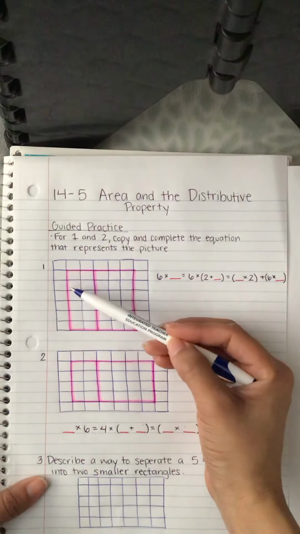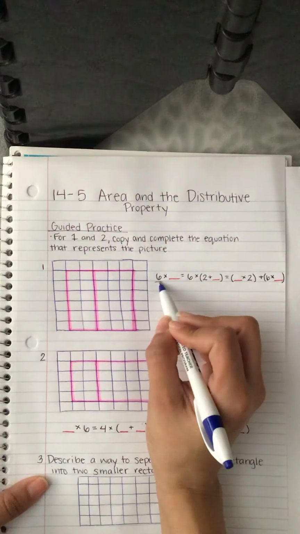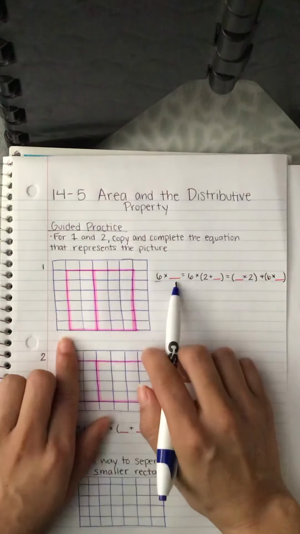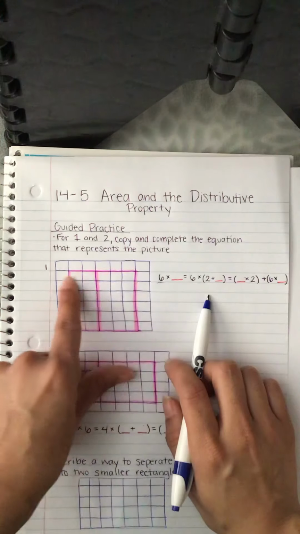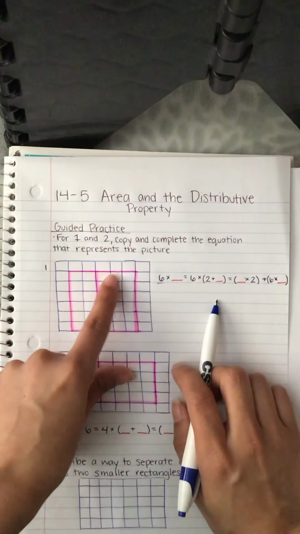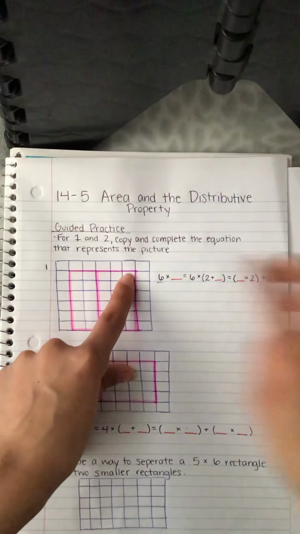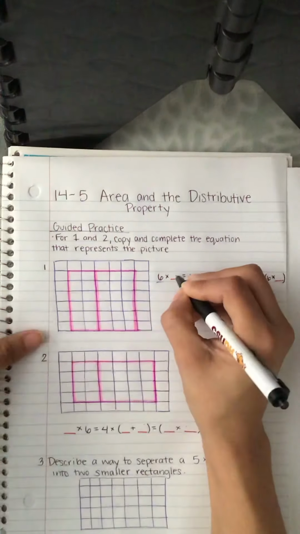So we have 1, 2, 3, 4, 5, 6. That is that 6 here. Now, the number here would be our square units this way. So 1, 2, 3, 4, 5. So the missing number here is 5.